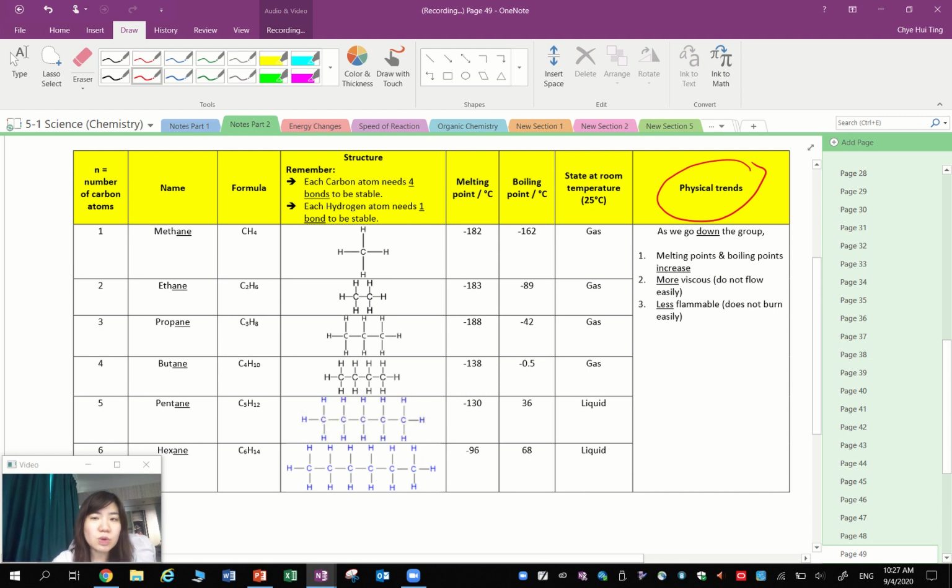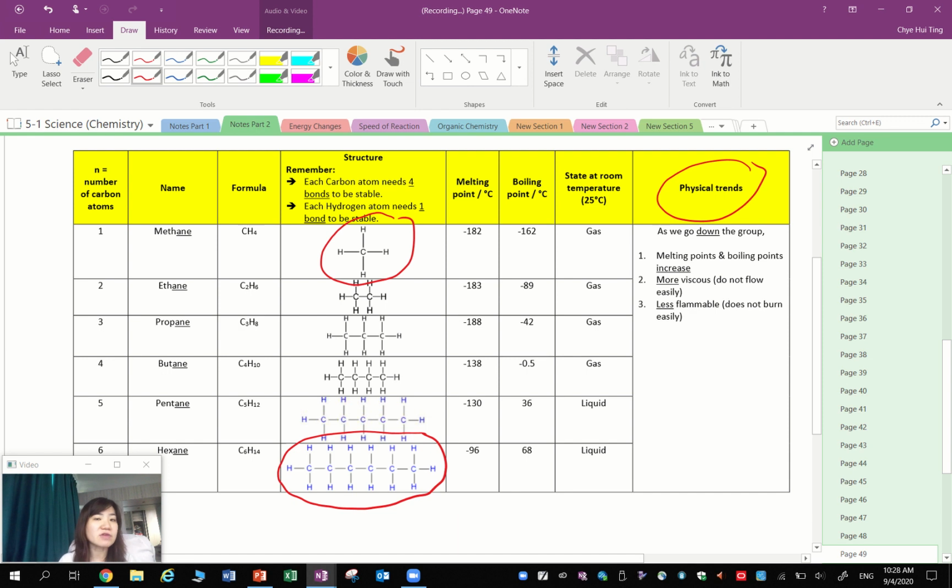Okay, so for physical properties, it has something to do with the sheer size of the molecule. As you go down the group, you realize that the number of carbon and hydrogen atoms actually increases. The structure gets longer and longer and longer. So this will lead to some of the physical properties.